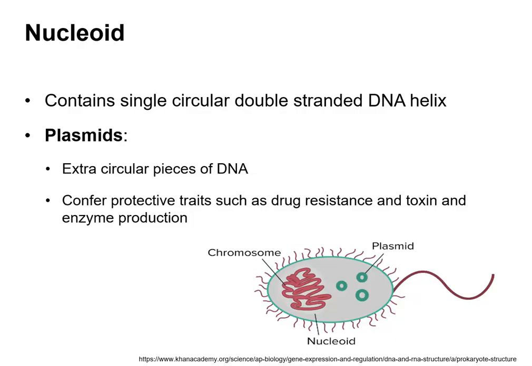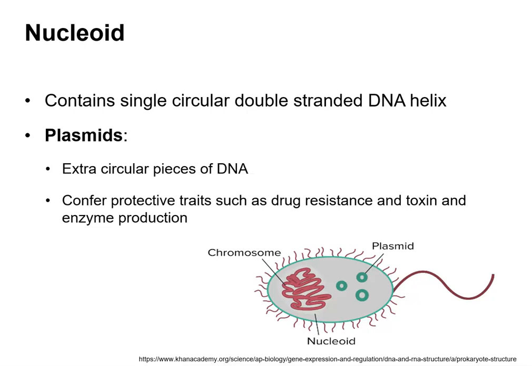But remember, our prokaryotic cells lack membrane-bound organelles. That means they do not have a nucleus, but it doesn't mean they lack DNA. They do have DNA. It's just located within a region that's called the nucleoid. Okay, so that's where we find our circular DNA strand.